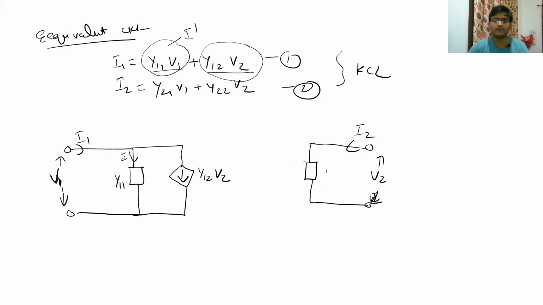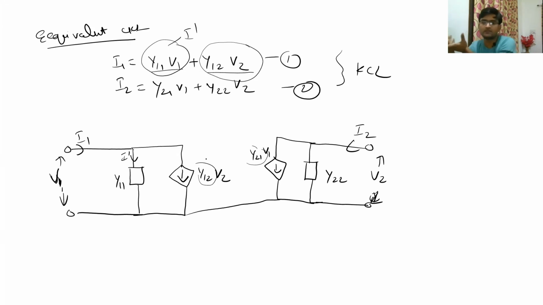We will have an admittance Y22 here, which is the output admittance, and then our dependent source whose direction will be like this. We can connect these two things and call this Y21 V1, right? So why are we calling the Y21 and Y12 terms transfer admittance? Because they are transferring something from output to input side or input to output side. So this is the equivalent circuit diagram for your Y parameters.